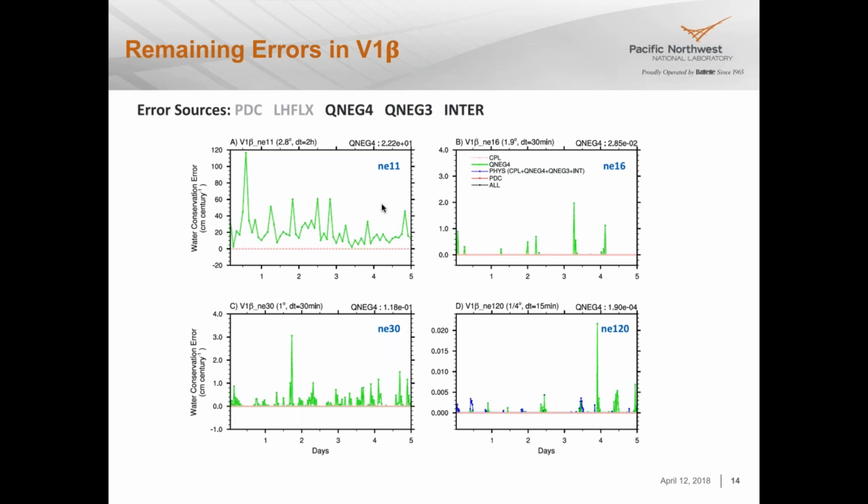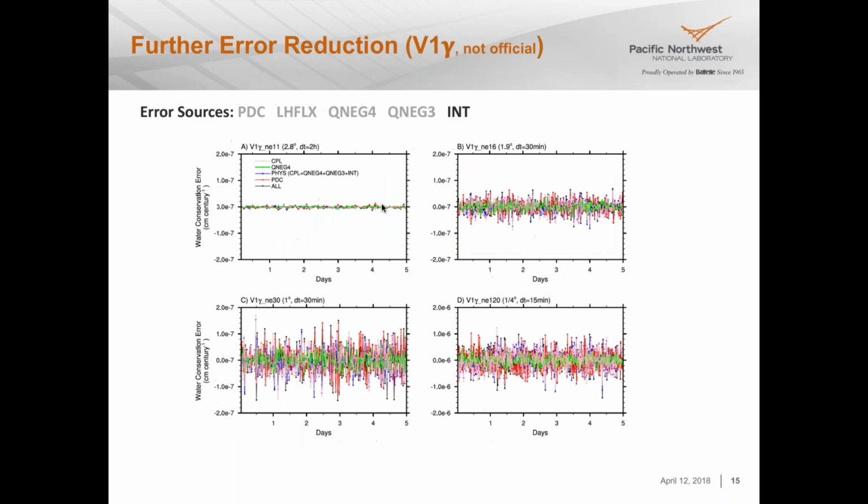However, for NE16 onwards, NE16, 30, 120, all those simulations have very, very small errors in the model. So at least for those resolutions, we are safe to use coupled simulation in this version. Next slide.